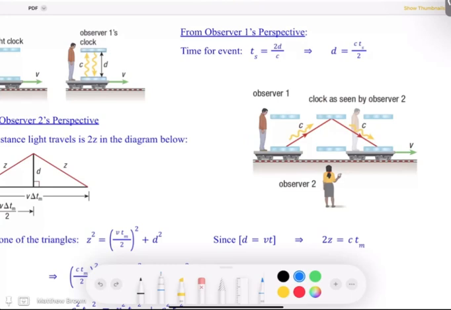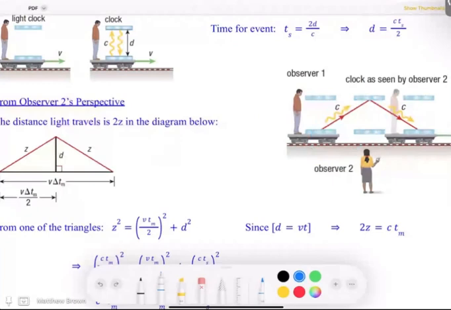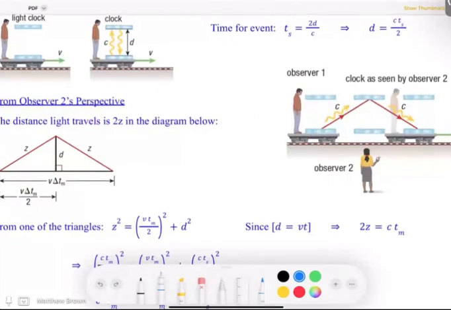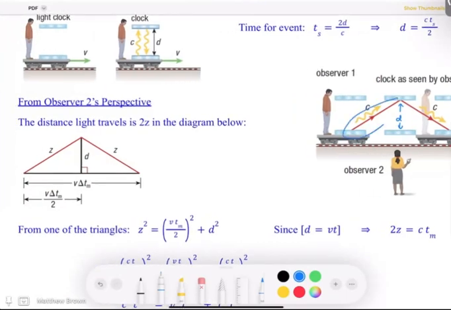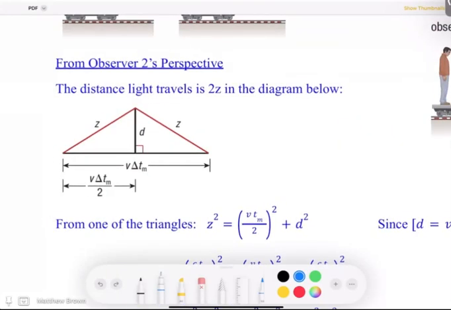So to represent that path, I could have drawn it over here, but you can see basically what we're saying is, well, we know this is d here, right? That's the same D it was. And we can say this length right here, again, C represents the speed, so we'll call that length Z. So this triangle here sort of represents the path of light.